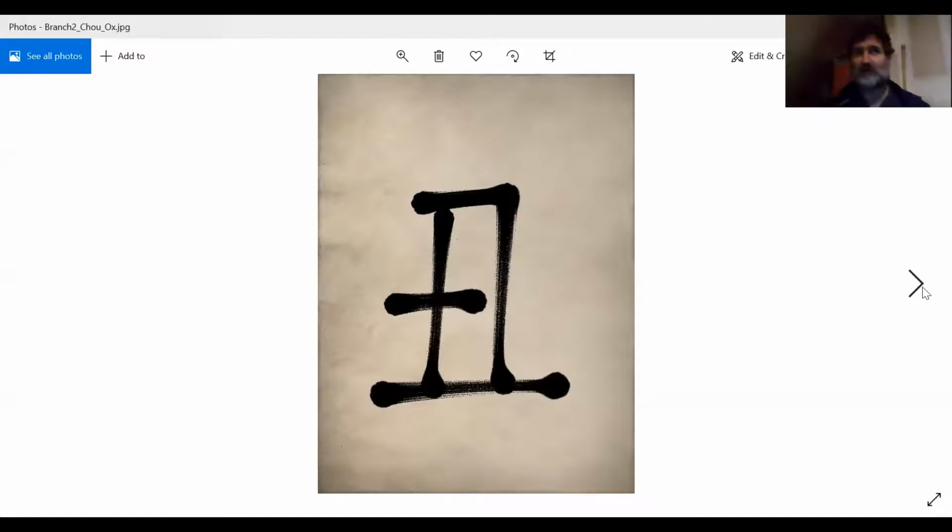Ox is not necessarily really changeable, unless you get it by the nose. If you get it by the nose, then oh.